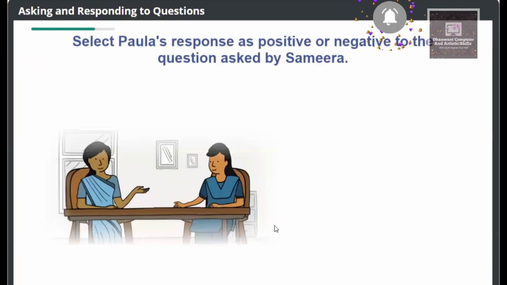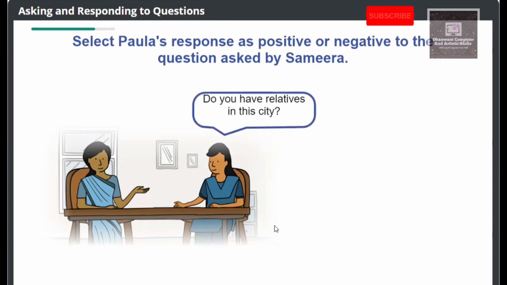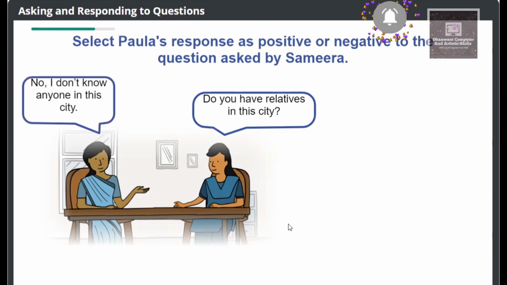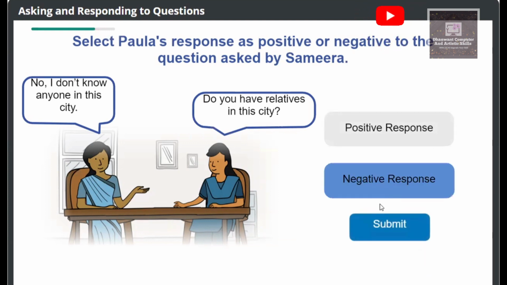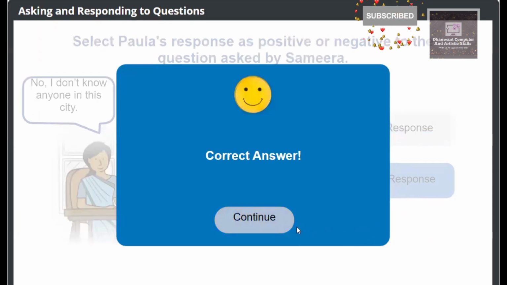Select Paula's response as positive or negative to the question asked by Samira. Do you have relatives in this city? No, I don't know anyone in this city. Positive response. Negative response. Correct answer.